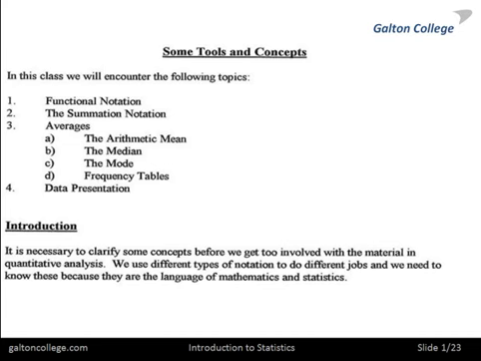So as the slide shows, we want to talk about functional notation, the notation that we use when we're using numbers, the summation notation that crops up a lot in working in business, different types of average: mean, median, mode, frequency tables, and presentation.